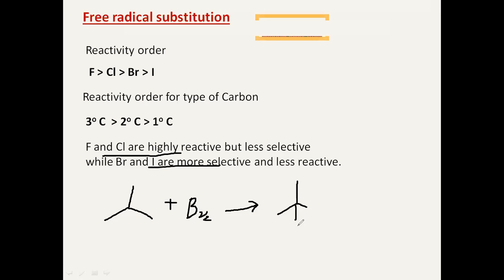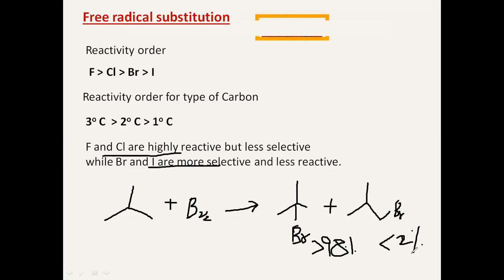One product is this one, bromine at the tertiary carbon, and the other at this carbon. Both will form, but which will form in more amount? This will form, we can say more than 90%, 98%, or this will form 2 to 5%. So this is the selectivity, means this will form in more amount.